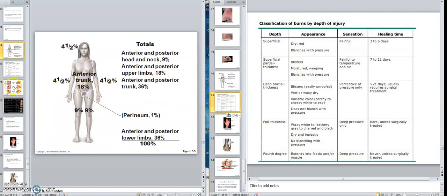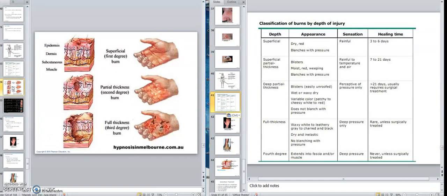So right here is a picture to show you superficial first degree, like a sunburn, partial thickness second degree, that goes into the dermis but not all the way through, and a third degree would go all the way through, and so it would be the entire integumentary going through, and then a fourth degree, which you don't see, would go all the way down.